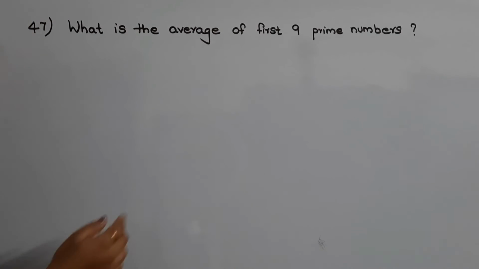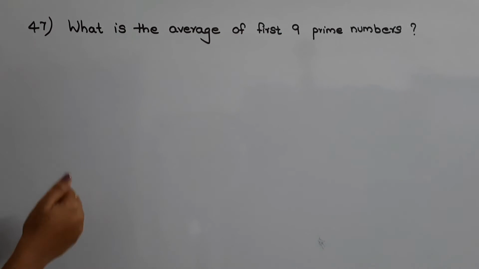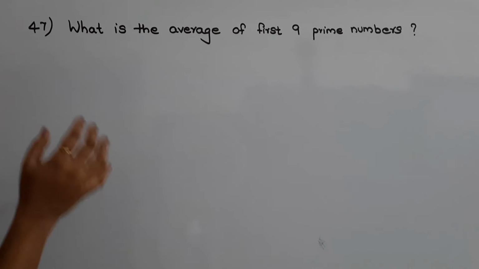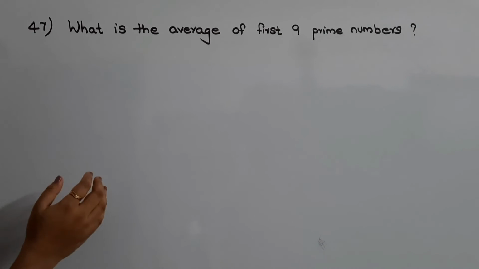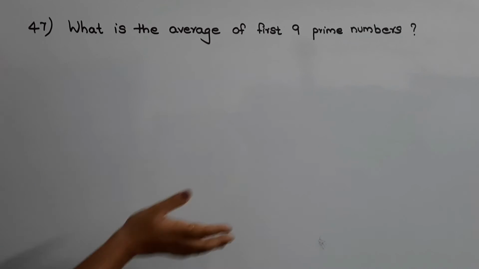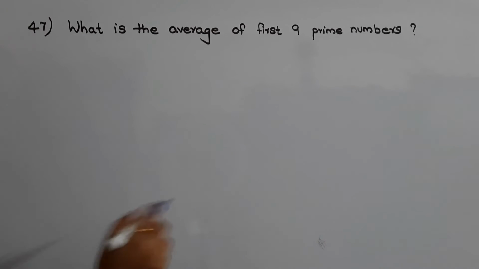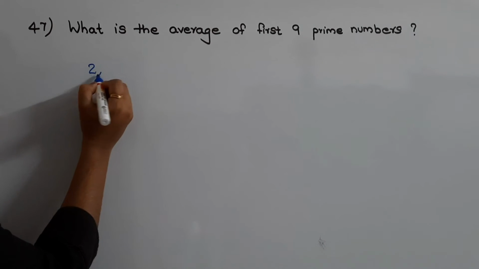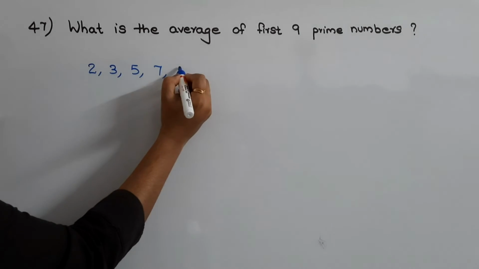The next question is, what is the average of first 9 prime numbers? Prime numbers are those numbers that are divisible by only itself. So the number that is divisible by only that particular number is known as a prime number. For example, 2, 3, 5, 7, 11.